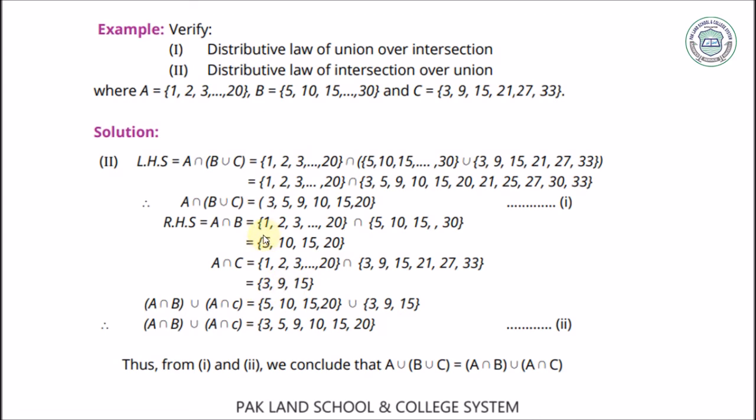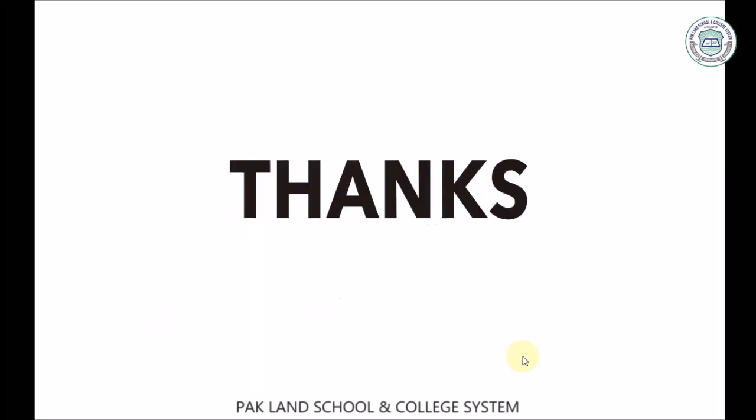Now we take the union of A intersection B and A intersection C. The set of A intersection B is 5, 10, 15, 20, union A intersection C, 3, 9, 15, and the union of these two sets is 3, 5, 9, 10, 15, 20. Thus from 1 and 2 we conclude that A intersection (B union C) equals (A intersection B) union (A intersection C). Thanks.